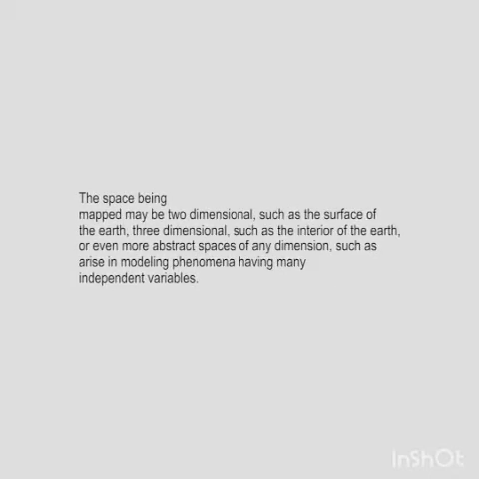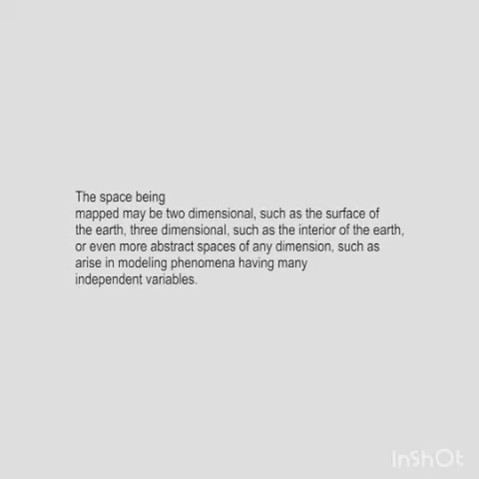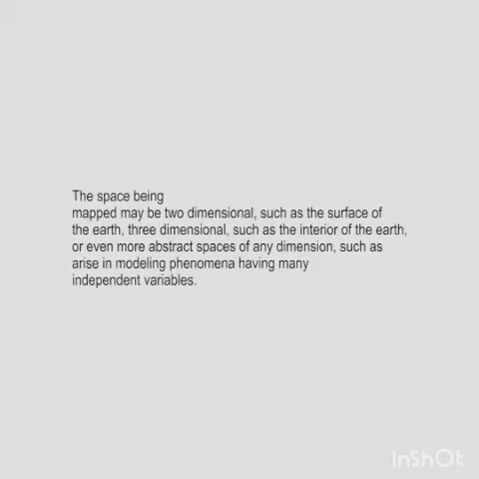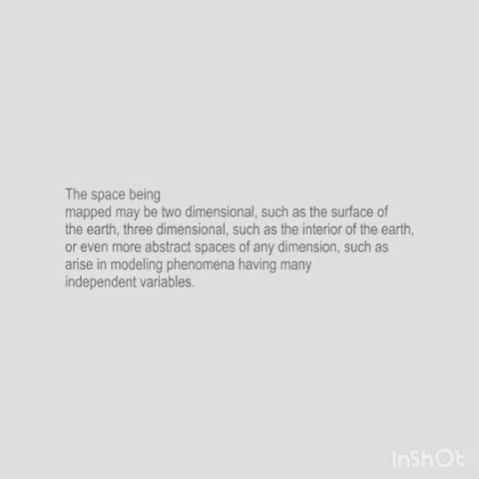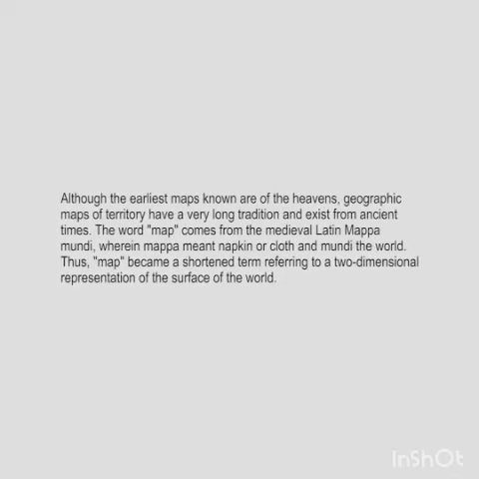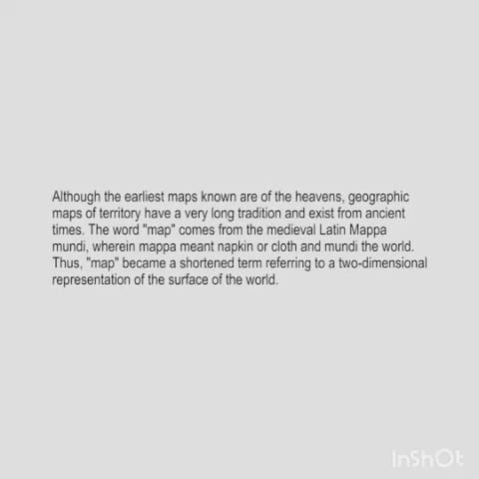The space being mapped may be two-dimensional, such as the surface of the Earth, three-dimensional, such as the interior of the Earth, or even more abstract space of any dimension, such as in modeling phenomena having many independent variables. Although the earliest maps are not known, geographic maps of territory have a very long tradition and exist from ancient times.